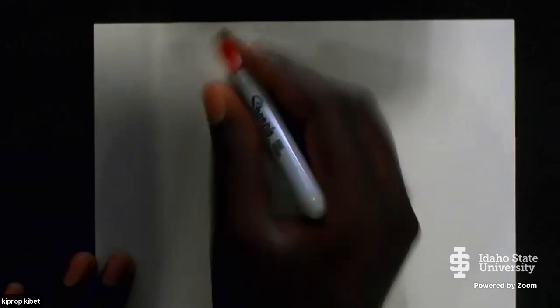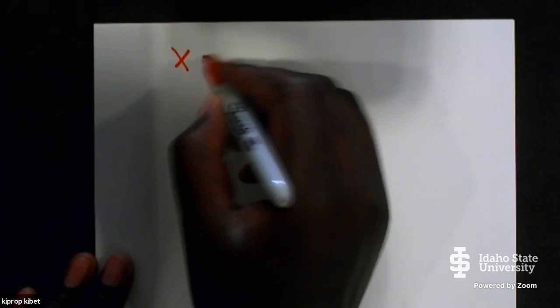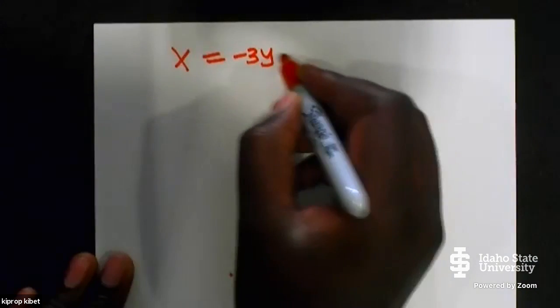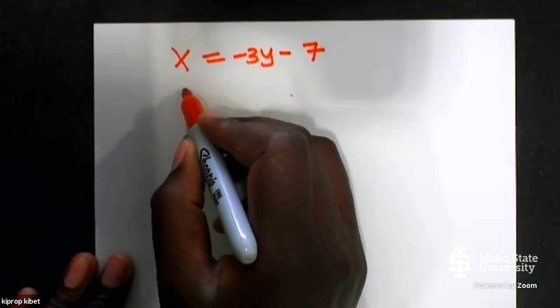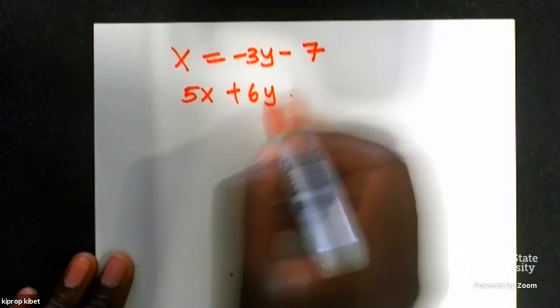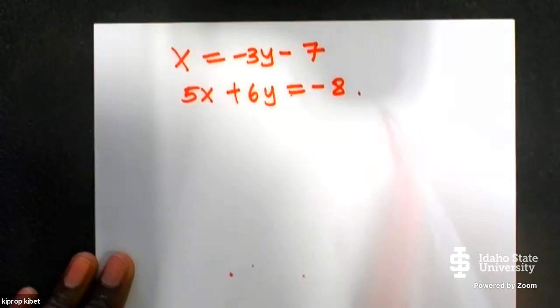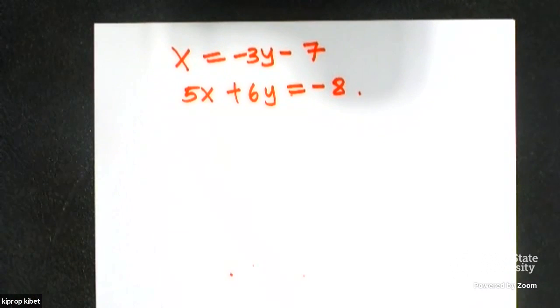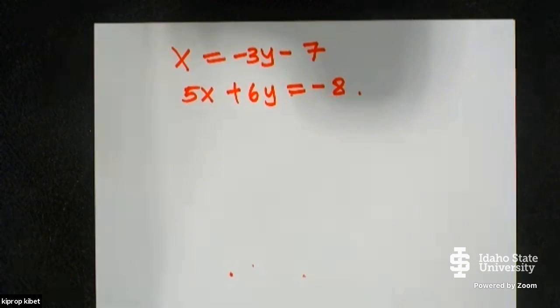Solve this. x equals minus 3y minus 7, then 5x plus 6y equals minus 8. So use substitution method.